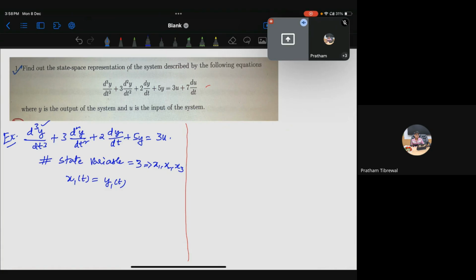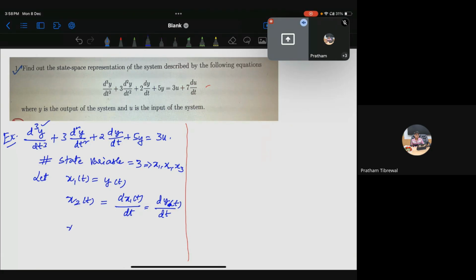And we choose the second as x2 of t equal to dx1 of t by dt, which is nothing but dy of t by dt.